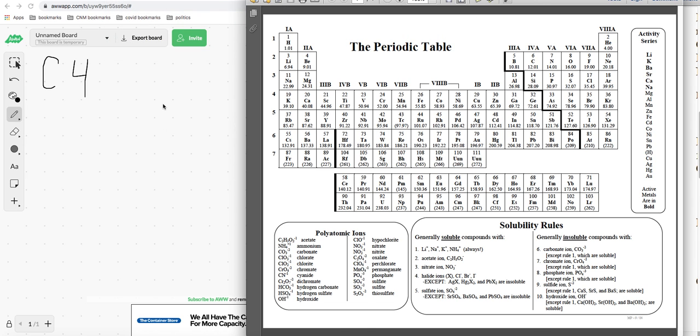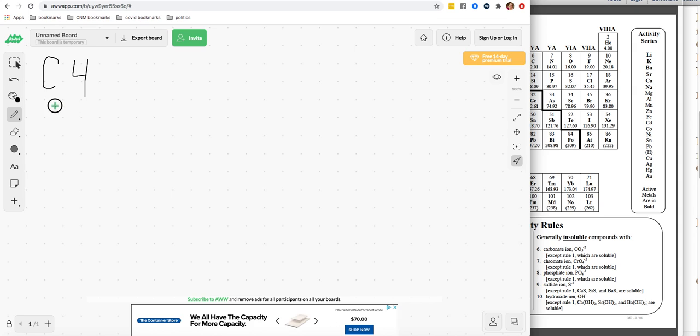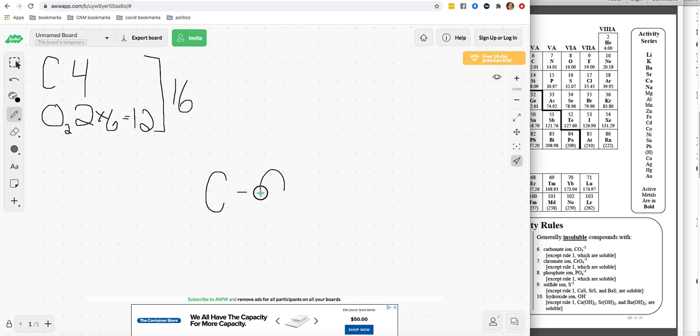Oxygen has 6, and we had 2 oxygens. So 2 times 6 is 12. Add those together, 16. Since CO2 has a carbon in it, we're going to put carbon in the middle. We're going to attach an oxygen on each side.